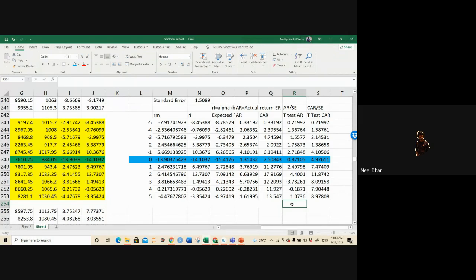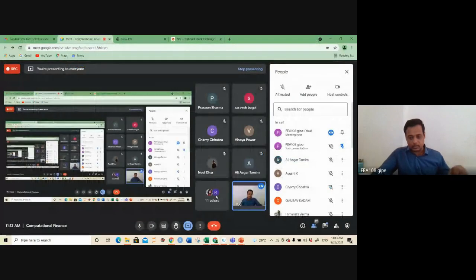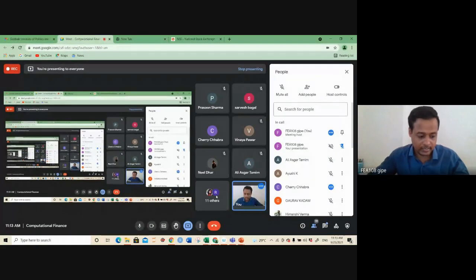So we found a standard error of the model, and that gives us a benchmark amount we're allowed to miss. Sir, I think Neil is trying to say the opposite. The larger the t-value, the more we can reject the null hypothesis, that the variable is not significant. So larger the t-value, better is the result in terms of significance. If it is larger, then that particular event is significantly impacting.